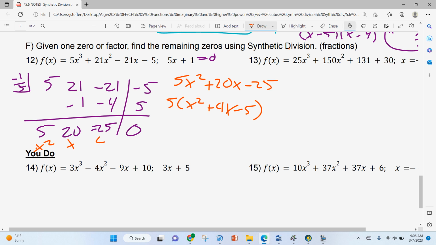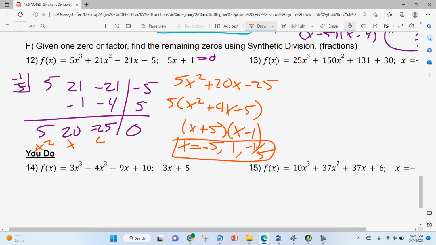Factors of -5 that add up to 4 are going to be x plus 5 times x minus 1, I think. So we end up getting x is equal to positive 1, but don't forget, we also get x is equal to -1/5. That's what we were working with at the very beginning.